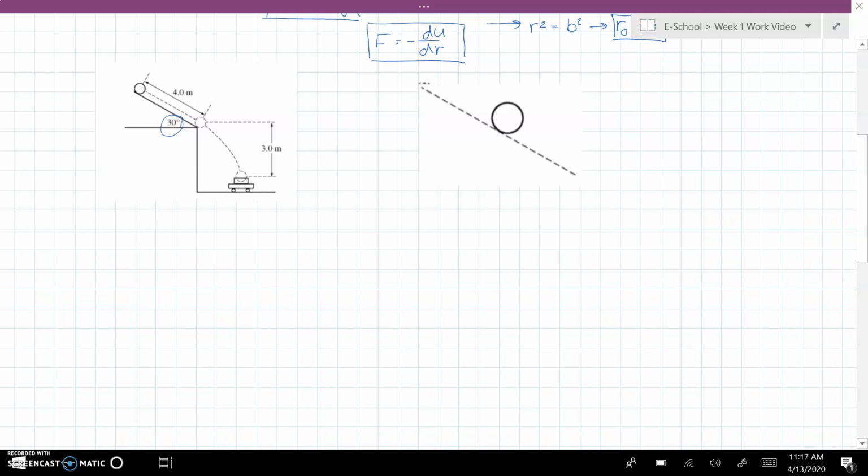So I'm going to draw a force of gravity vector starting from the center of mass of my sphere here. There we go. And I'm going to draw it straight down. Okay, I'm going to label this guy mg is equal to F sub g, force of gravity. Notice I put it at the center of mass because the gravitational force always acts at the center of mass.